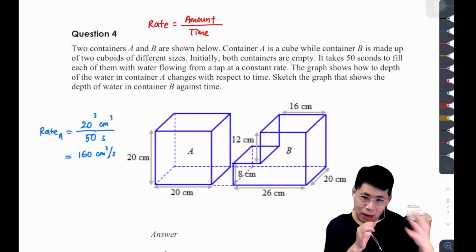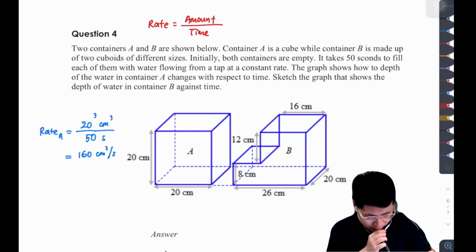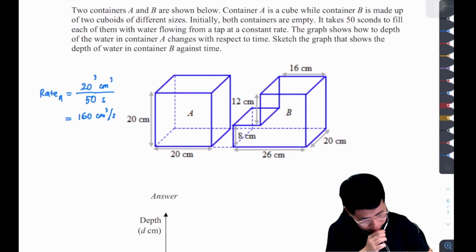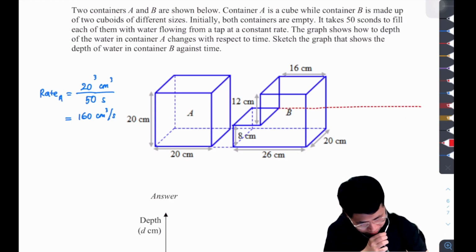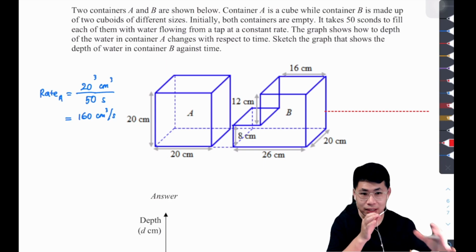Now for B, we can cut B into two parts. Let me draw this line to show that we can cut this into two parts. The first part is the big rectangle below.